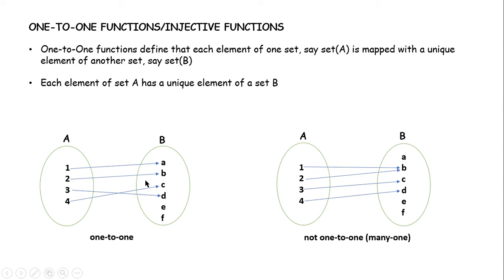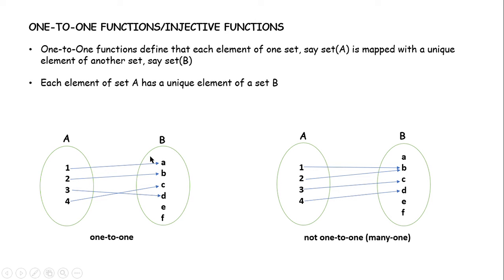Let's see here. 1 from set A is assigned the value A from set B. That means the image of 1 is A. Then 2 from set A is assigned the value B, so the image of 2 is B. Then 3 from set A is assigned the value D, so the image of 3 is D. Then 4 from set A is assigned the value C, so the image of 4 is C. That means all 4 elements from set A have different images.